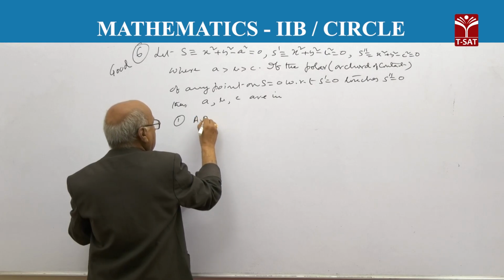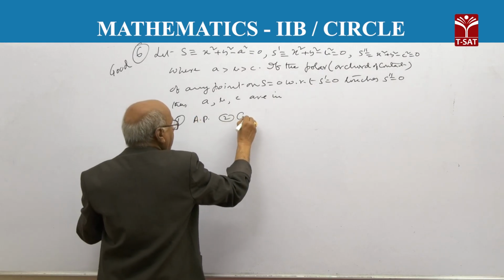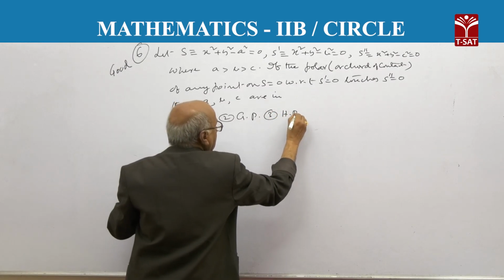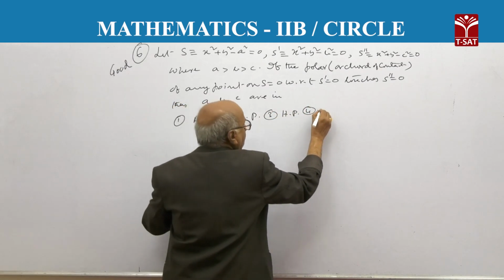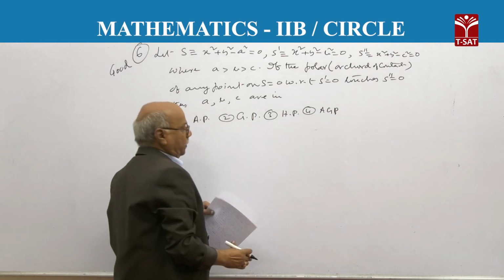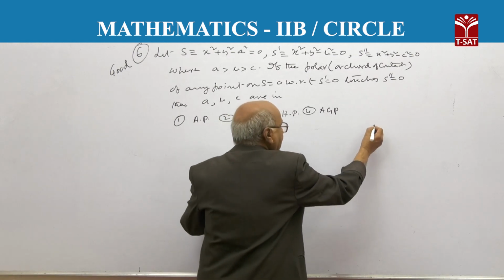Arithmetic progression, 2. Geometric progression, 3. Harmonic progression, and 4. Arithmetic or geometric progression. So that means you are given three circles.